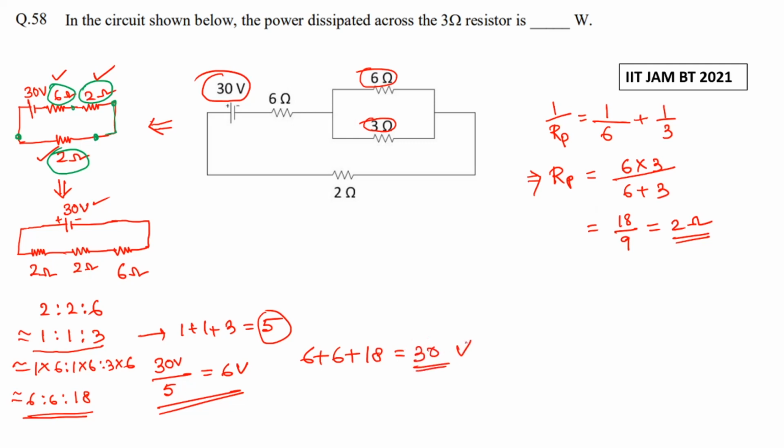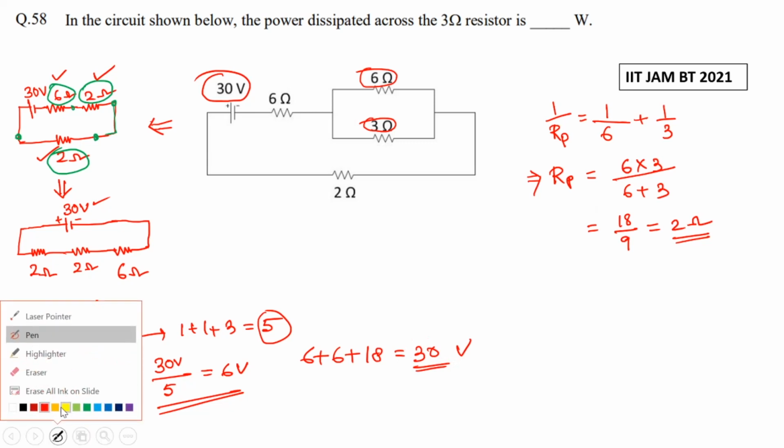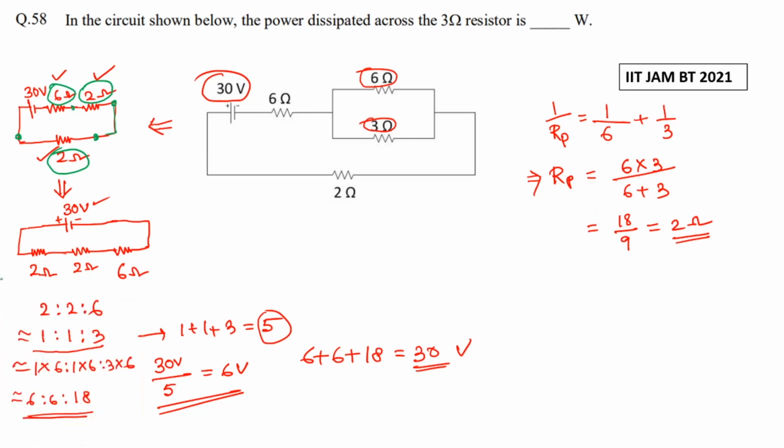Okay, 30 volt. That is, we can write that across this 2 ohm resistor we have the 6 volt potential difference or voltage difference. Across again this 2 ohm resistor we have the 6 volt voltage difference, and across this 6 ohm resistor we have 18 volt voltage difference.